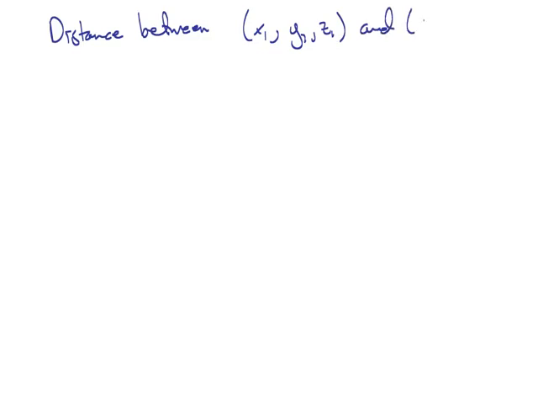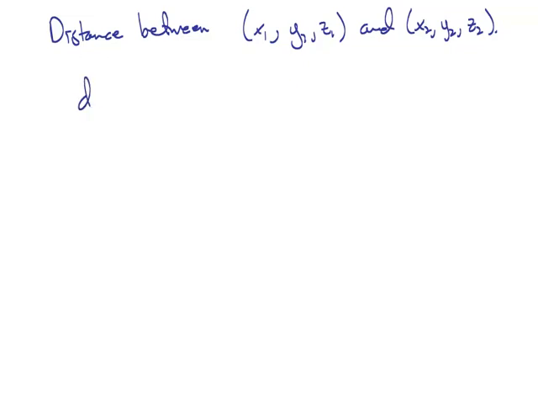So, of course, we want to generalize that for any 2 points. We want to be able to find the distance between any 2 points. And we'll call those points x1, y1, z1, and x2, y2, and z2. And of course, what we're going to do then is take our x value of the first point and the x value of the second point and find the distance.